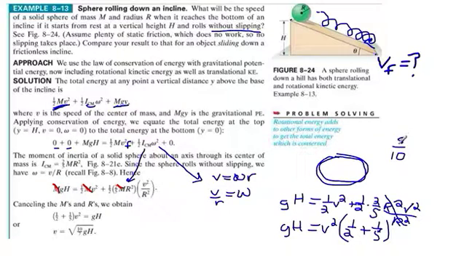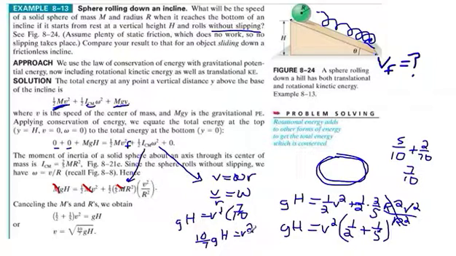So that's 5/10 plus 2/10. That's 7/10. Okay, so we've got, in other words, GH equals v squared times 7/10. Divide by 7/10, so we've got 10/7 GH equals v squared, plus or minus on both sides, and you get your velocity.